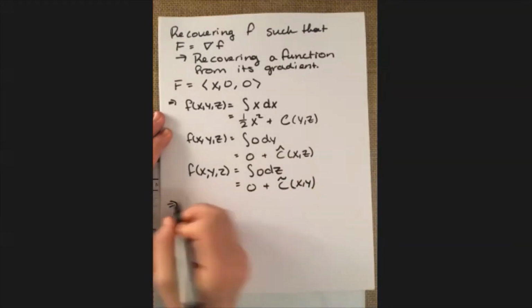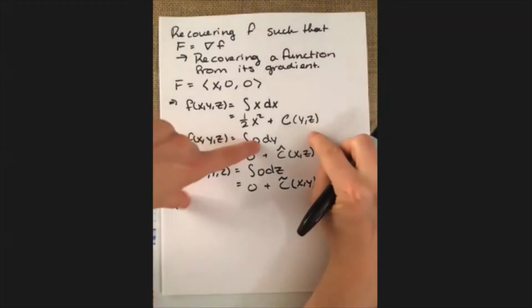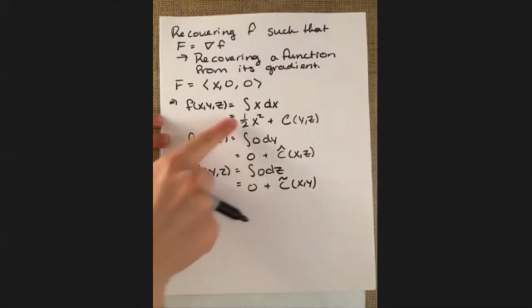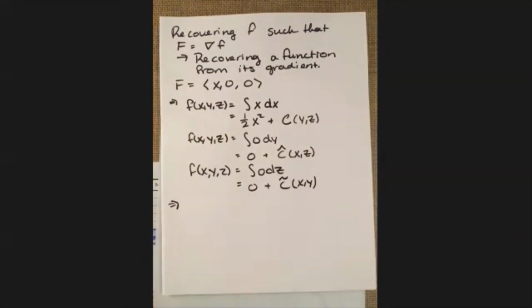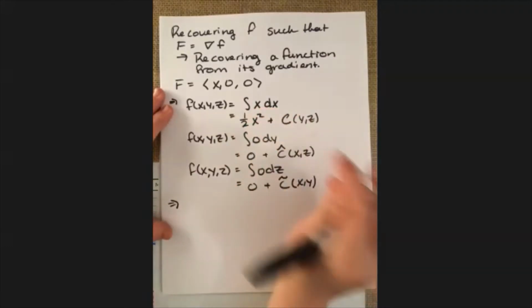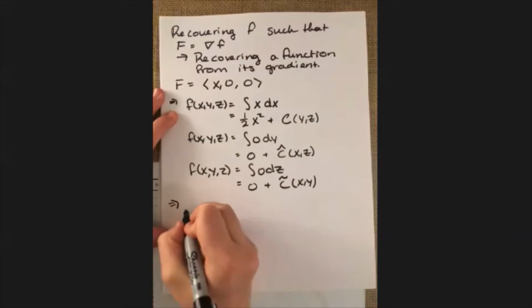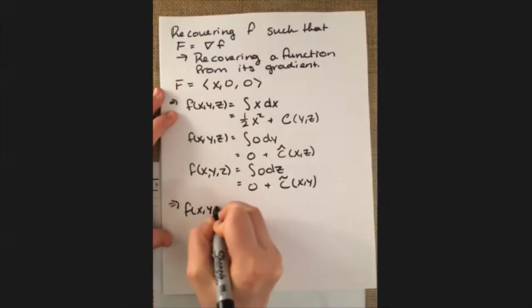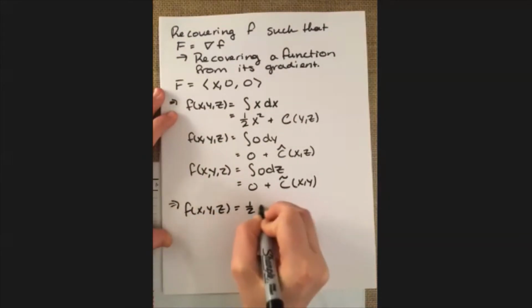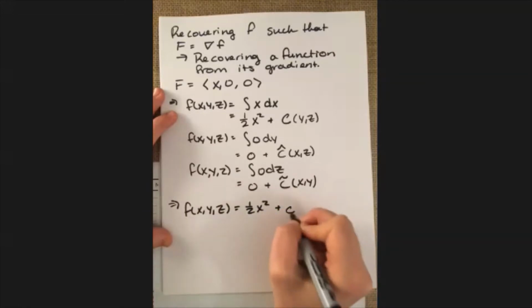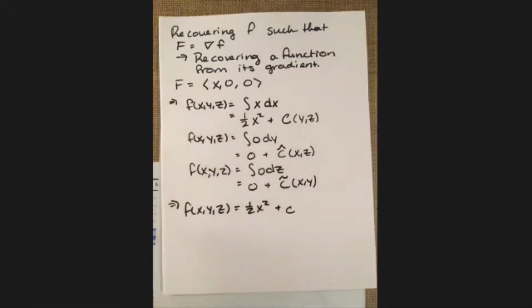So putting all this information together, we look at the integrals that we took with the y component and the z component, these last two pieces here, and they really don't add any new information to what we got when we took the integral with respect to x, and we're covering that piece right there. So really, this is all the information that we need. This is going to be equal to 1/2 x squared, and then plus just some constant, I'll call it little c. That guy's a constant there. Because a constant isn't really able to be recovered here at all.